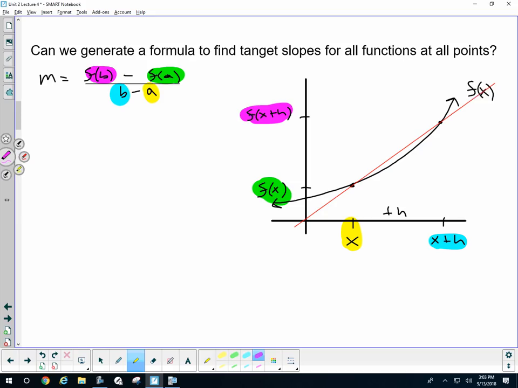Why don't you guys go ahead and do that? And we will have just a slope formula of 2 points h distance away. We'll call this a secant slope. H distance away from each other.